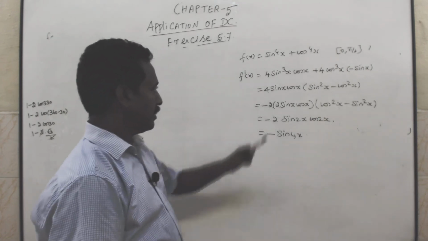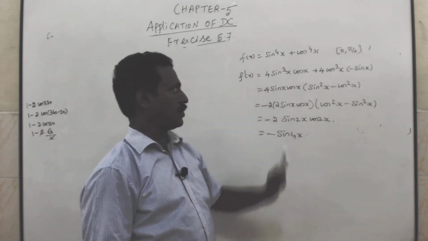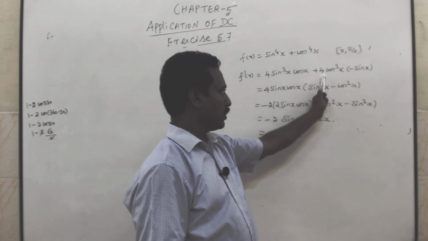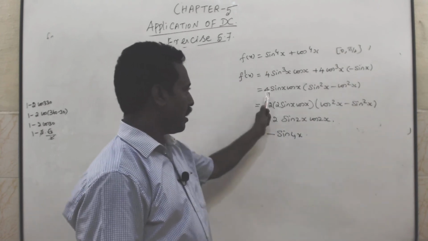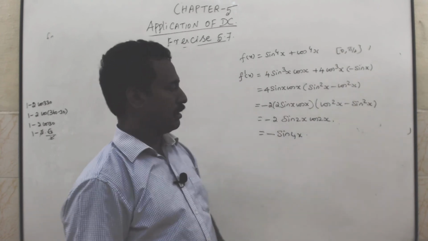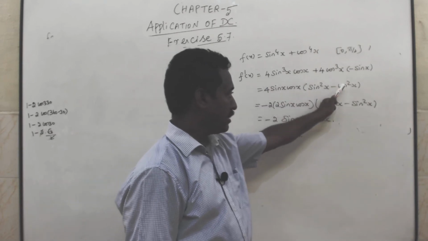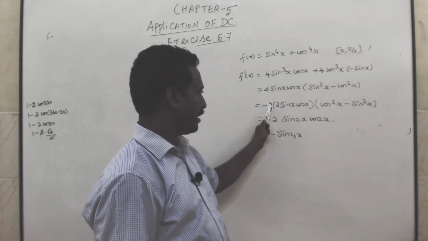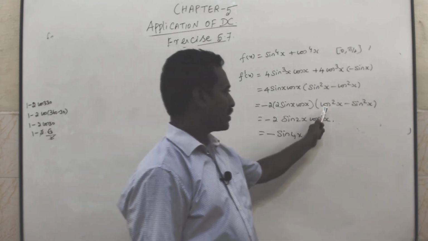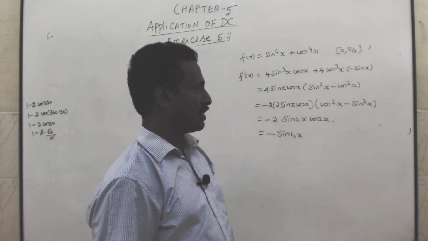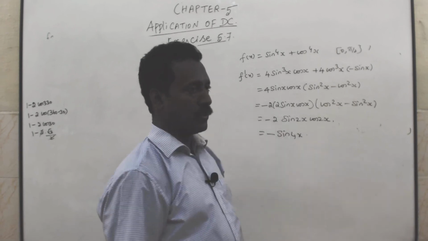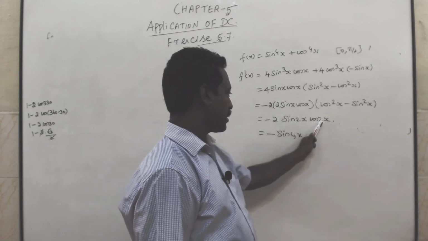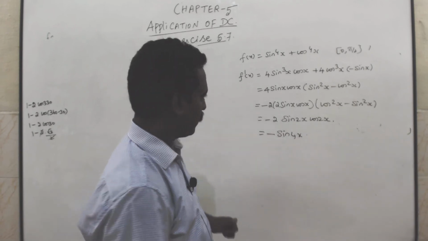Again, pay attention. Differentiate sin power 4x and this is the differentiation of cos power 4x. Since 4 sin x cos x is common, we take it out. The remaining is sin square x minus cos square x, with minus taken out. This 4 can be written as 2 into 2. Cos square x minus sin square x is cos 2x. This is sin 2x. 2 sin 2x cos 2x is sin 4x.